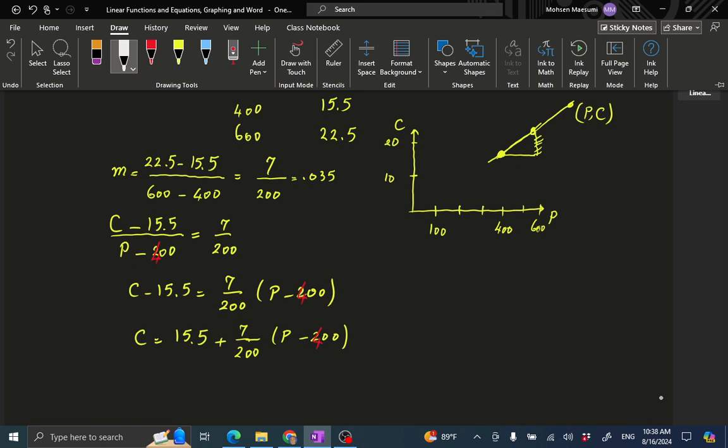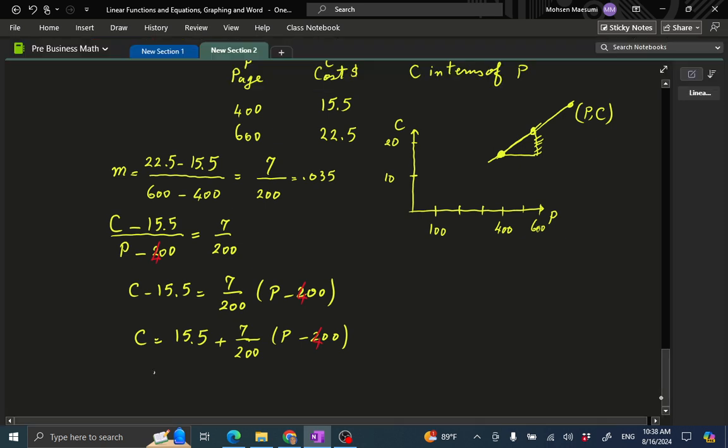So c is 1550 plus 7 over 200 of p minus 400. 7 over 200 times 400 becomes minus $14. To simplify this, it becomes 7 over 200 p plus 1.5.